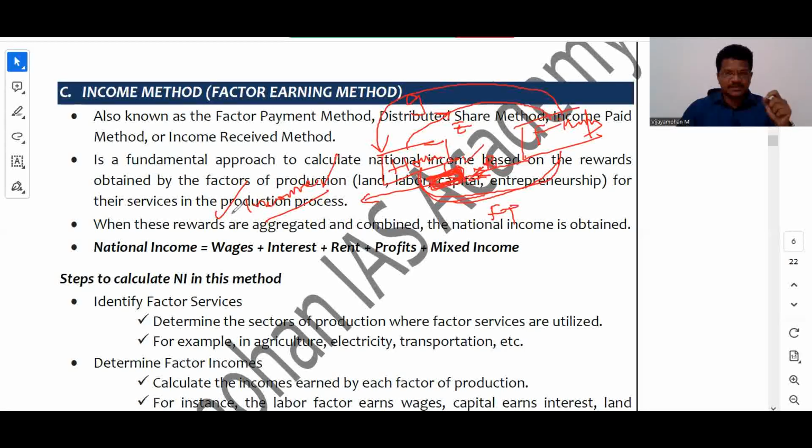And if you calculate the expenditure at this particular point, that is, the households use the income they received to purchase goods and services. So at this point of interaction, if you calculate all the expenditures, then you will get national income, and this is called the expenditure method. In the expenditure method, you calculate all the expenditures made by households at this point and you will get national income.